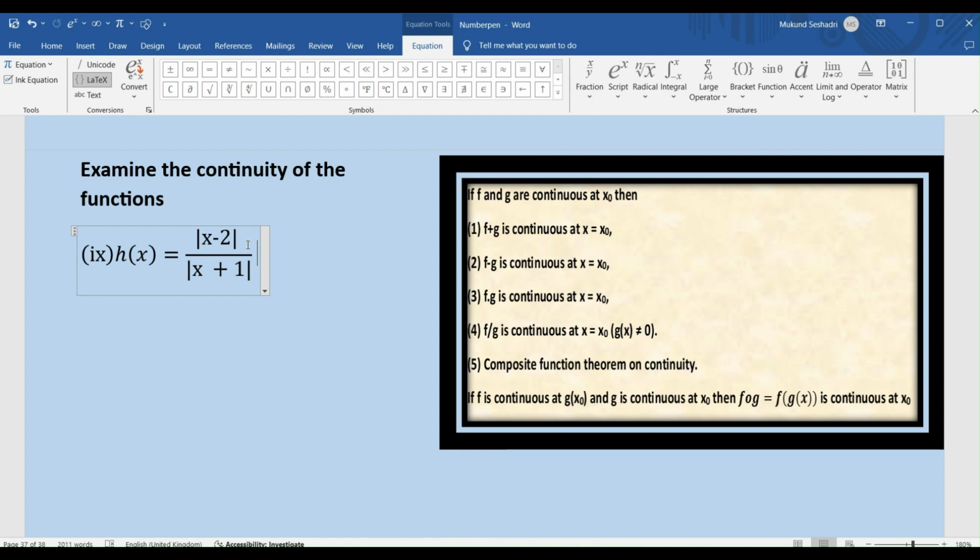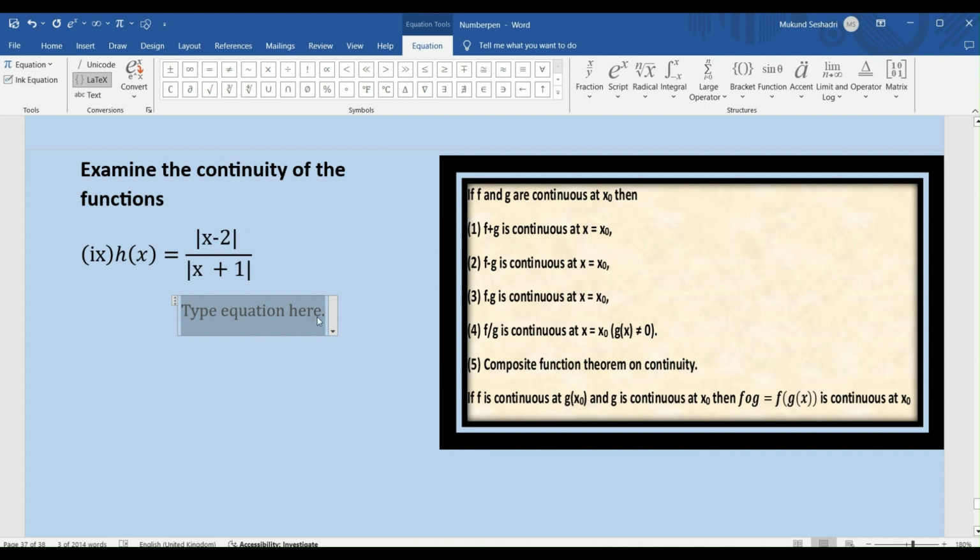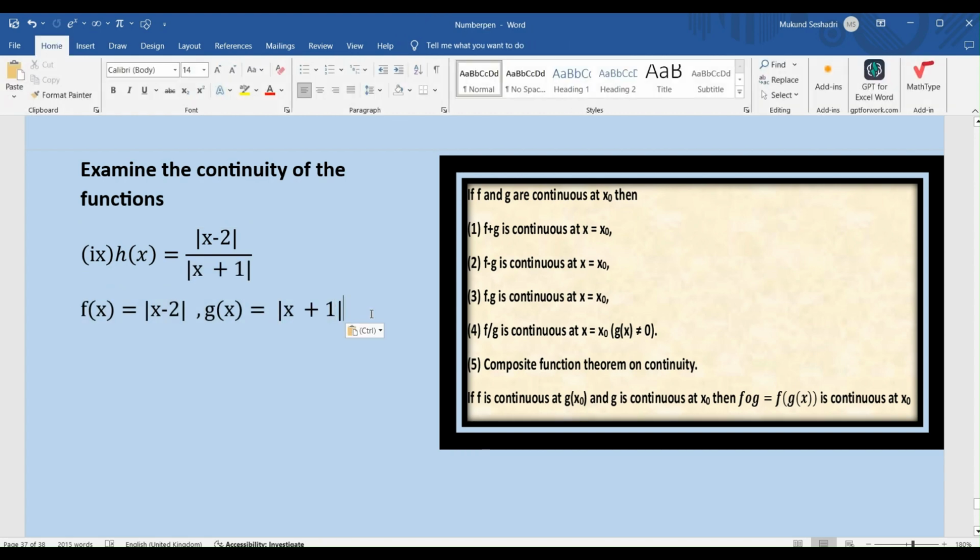So by that we know that mod of x minus 2, I'm going to call this f of x. So if I call my f of x mod of x minus 2 and my g of x as mod of x plus 1, right? So my h of x is nothing but my f by g, right?